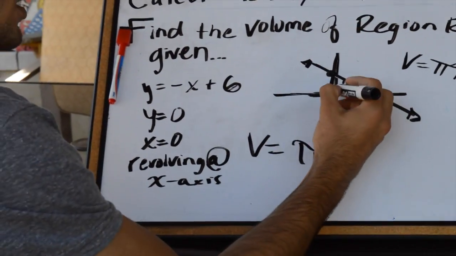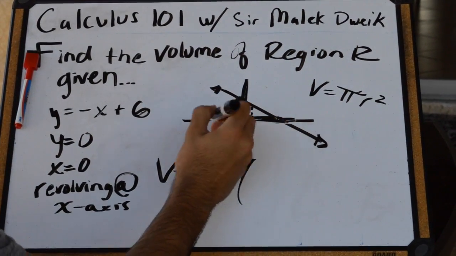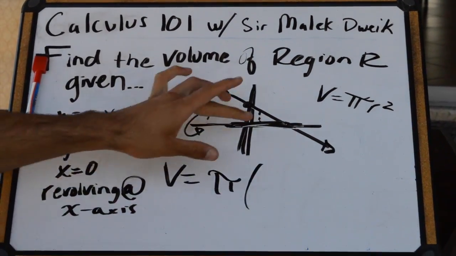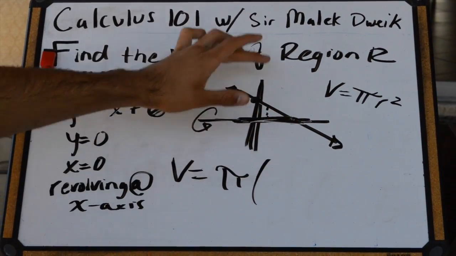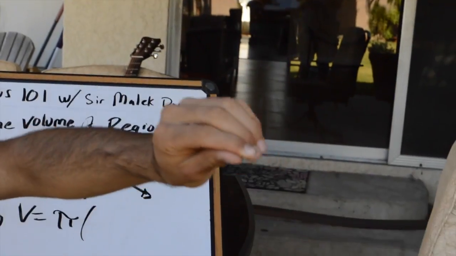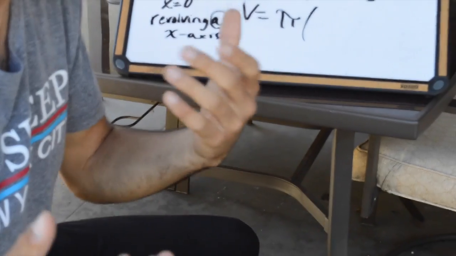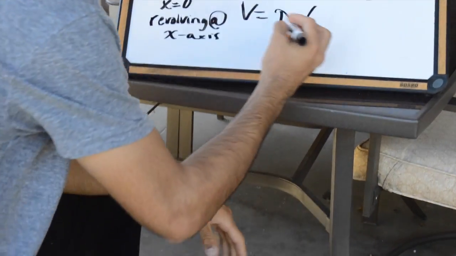outside radius. So now we start from where the axis of rotation begins. In this case, it starts right here. This is where we're rotating from. So we're going to start there and work our way up, as far as we possibly can within the given limits of the region.